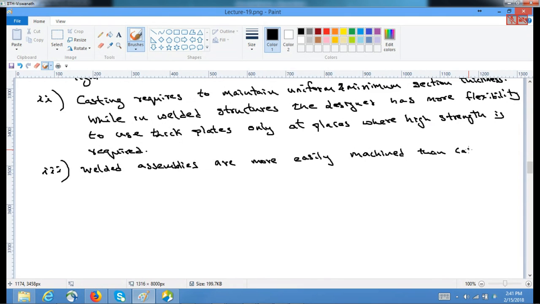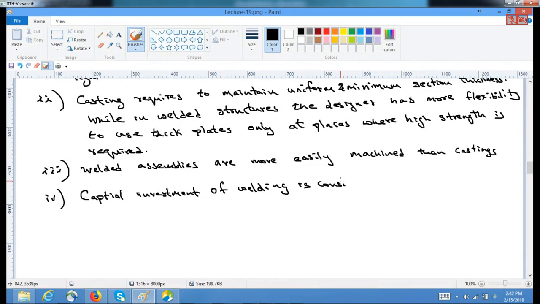Further, if somebody wants to start a weld shop, the capital investment of welding is considerably lower than that of a foundry shop.